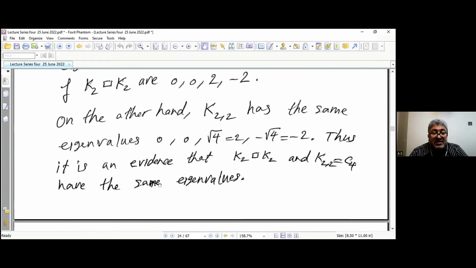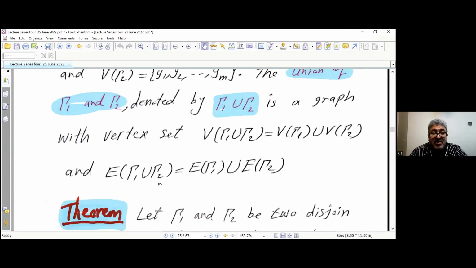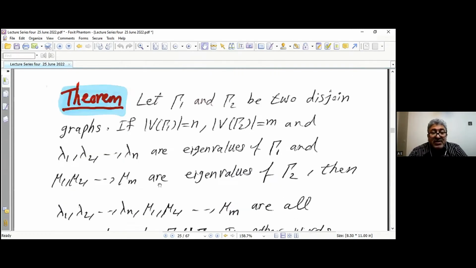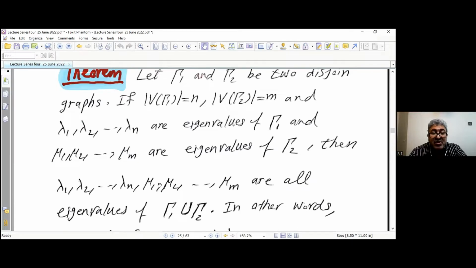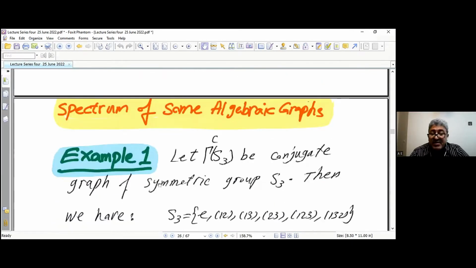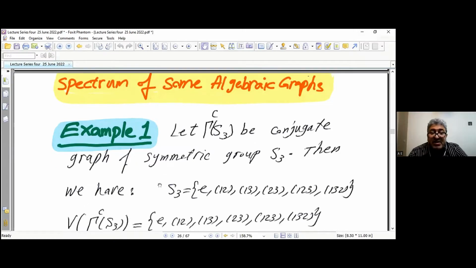And here is about the eigenvalues for the disjoint union of two graphs. And here are some examples on eigenvalues and spectrum in some algebraic graphs.